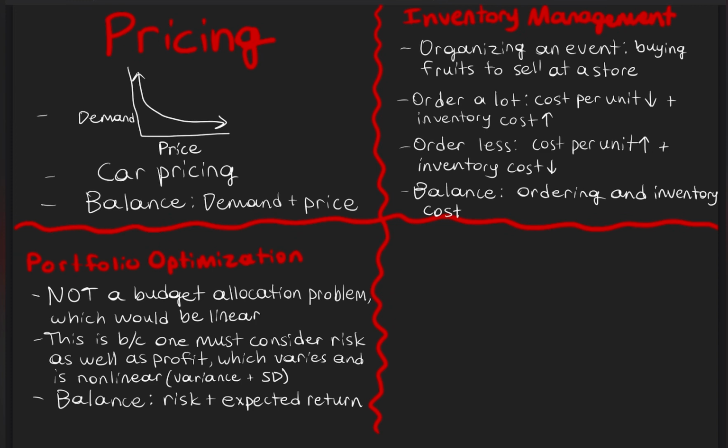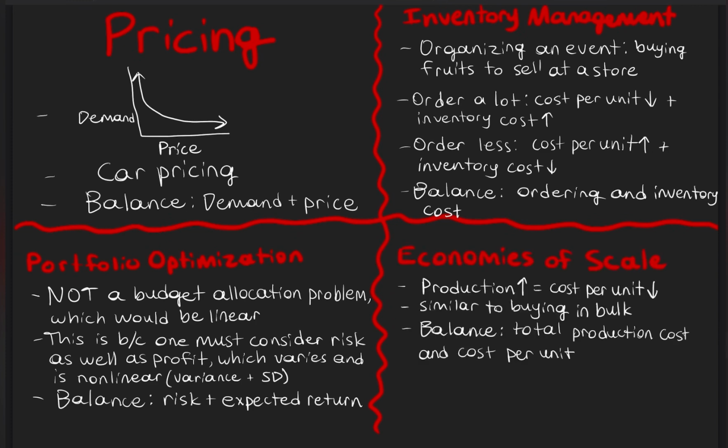Finally, we're going to talk about economies of scale. An economy of scale is basically when a company increases production, the cost per unit goes down.